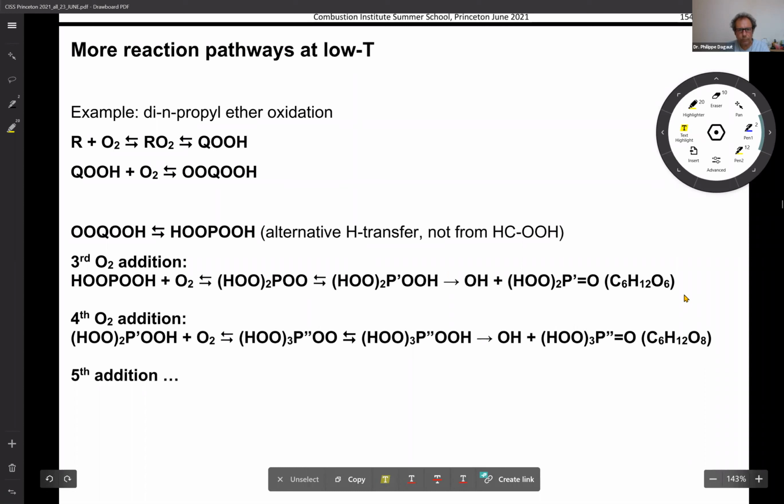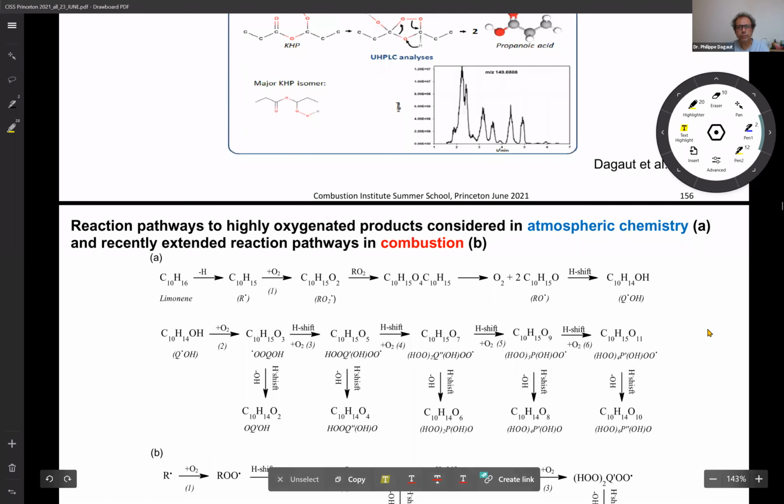And this is what we saw for dipropyl ether. So beside the Korcek mechanism and the formation of ketohydroperoxides, we could see that there are more channels open and more complex chemistry going on.